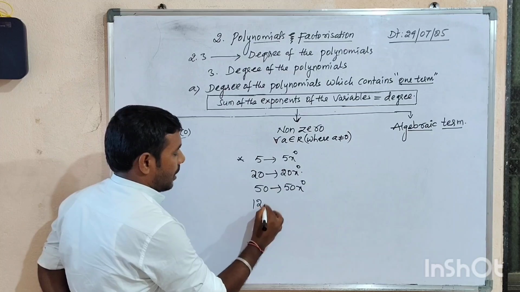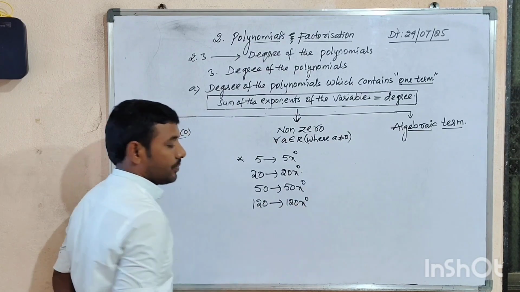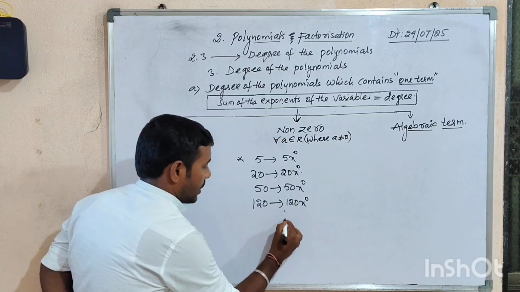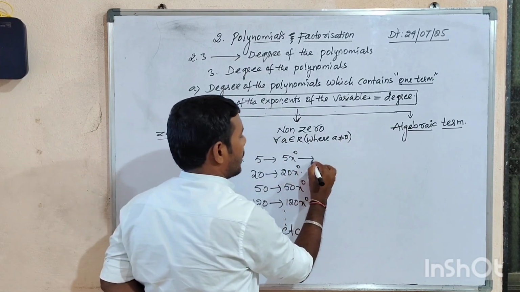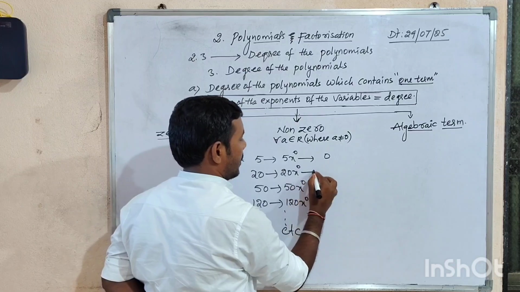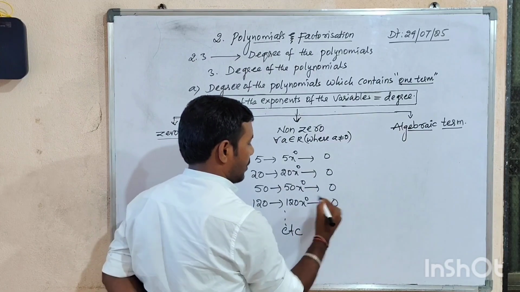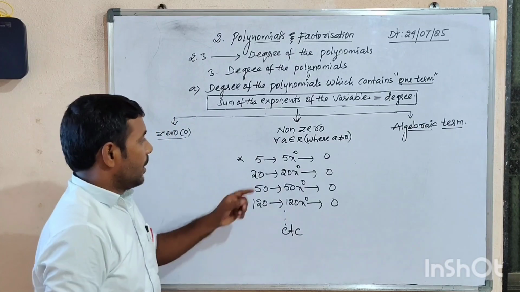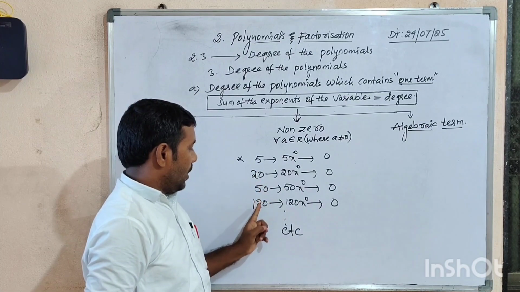Next, 120 can be written as 120x to the power of 0. In such a way, we can write many. The degree of each is 0.